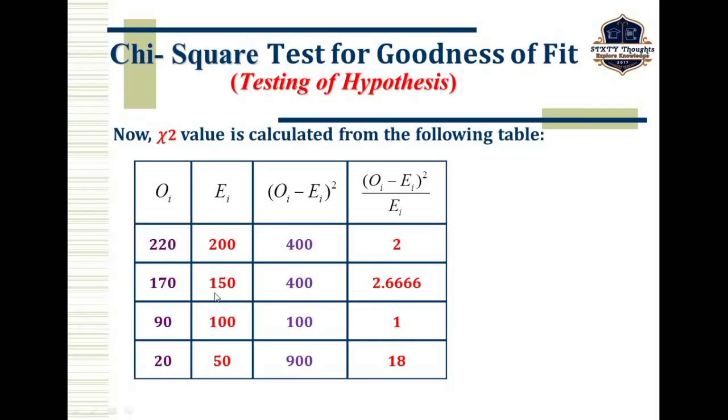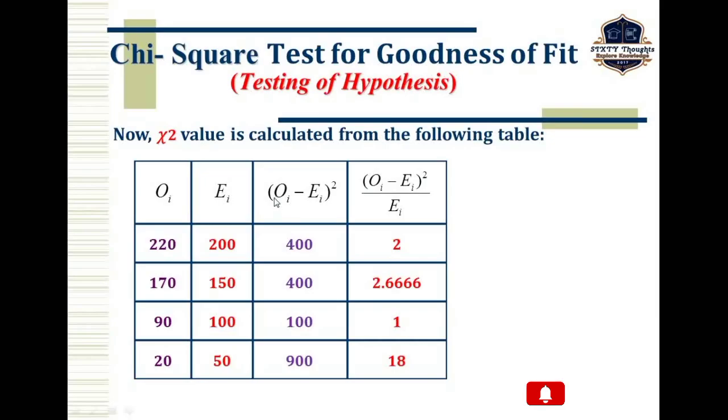Similarly, we expected only 150 students in third class, but we got 170. We expected 100 students in second class, but we got only 90. Likewise, we expected 50 students in first class, but we got only 20.